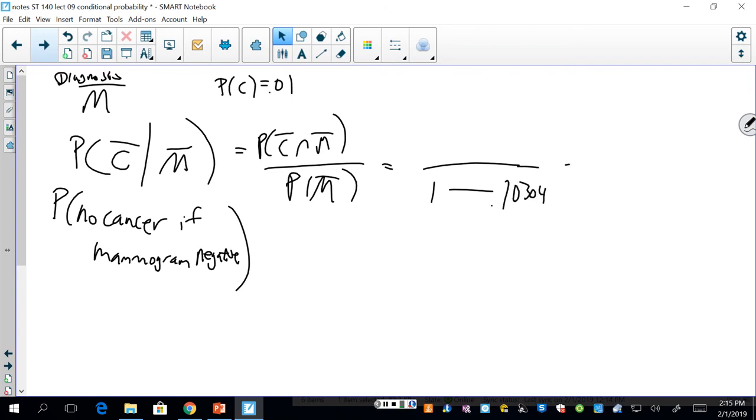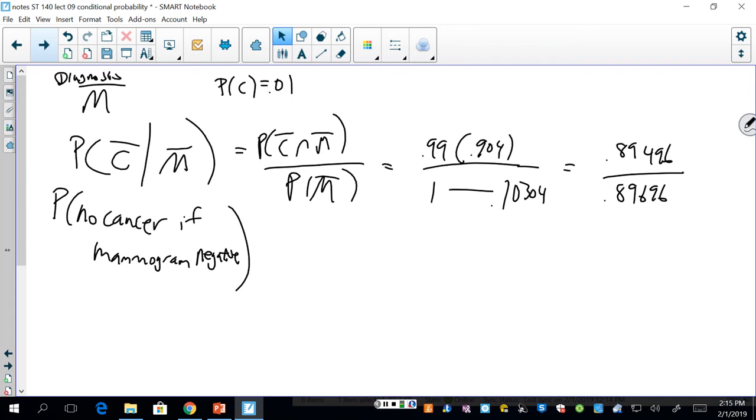That denominator is 0.10304, and the other is 0.89696. And no cancer was 99%. Mammogram negative among that group was 0.904. And so that part of the table was 0.89496.